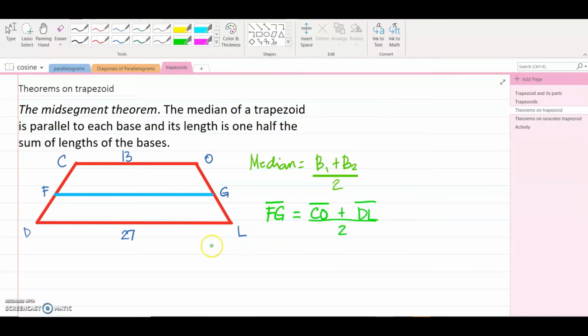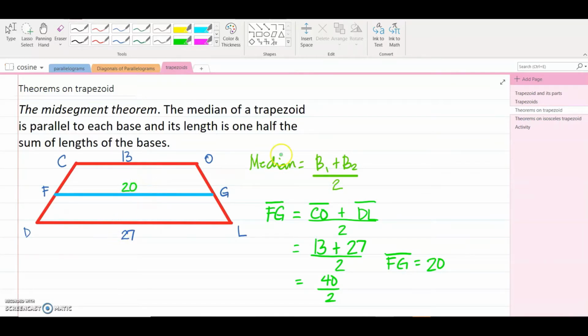Since the given are the bases, all we have to do is add the lengths of the bases. So line segment CO is 13 plus line segment DL is 27, divided by 2. So 13 plus 27 is 40, divided by 2. So our line segment FG, which is our median, is 20.